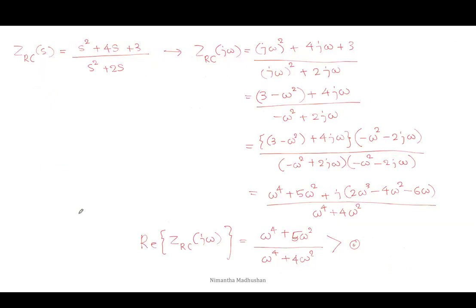Z_RC(s) is equal to, I will simplify the function, (s squared + 4s + 3) over (s squared + 2s). For this function, the degree of the numerator and the degree of the denominator are equal. Then I can write the partial fraction expansion like this.